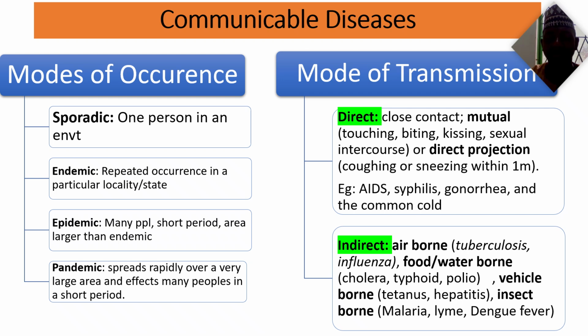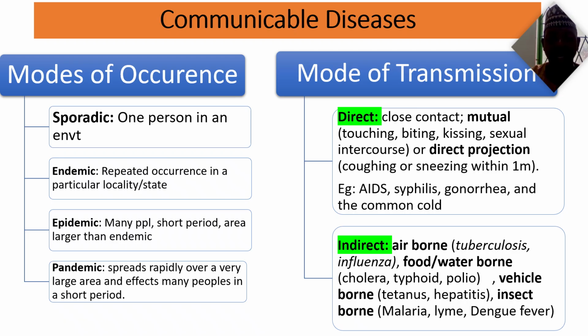Insect-borne transmission of diseases is a type of disease transmission in which the organisms, the pathogens, are transmitted from infected person to the healthy person through insects, maybe through insect bite. A good example of these diseases is malaria, which can be transmitted through the bite of a mosquito.